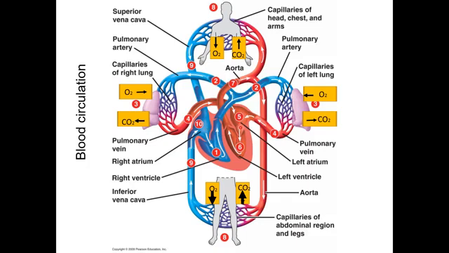It will return to the left atrium. So from number 1 to number 5 أنا بديت من الهارت ورجعت إلى الهارت. This small circulation, this is called the minor or pulmonary circulation. الدورة الدموية الصغرى أو الدورة الدموية الرئوية.